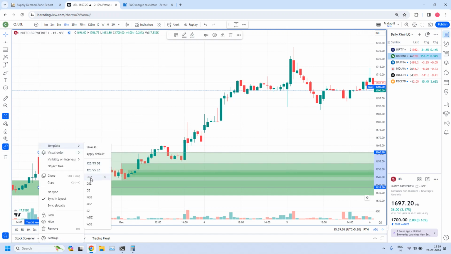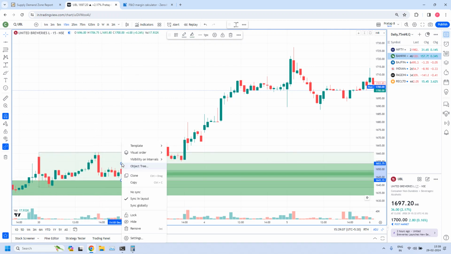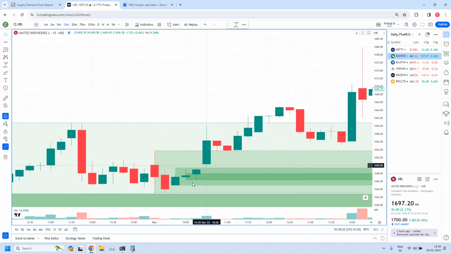Let me change all the colors to light colors first, so that you can clearly see. See here, this is the daily zone. Inside the daily, you have 75. Inside the 75, we have the 15-minute zone: leg candle, 3 base candles, and a rally candle.